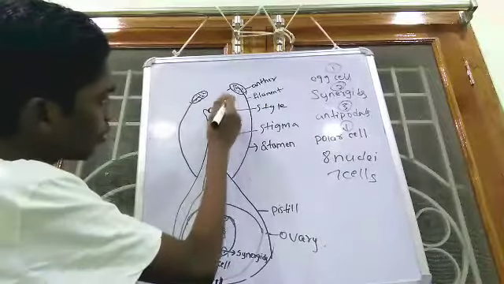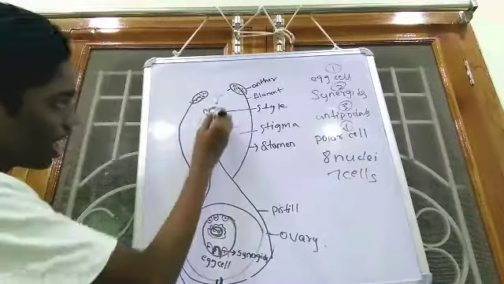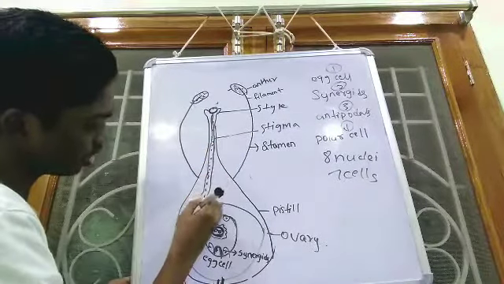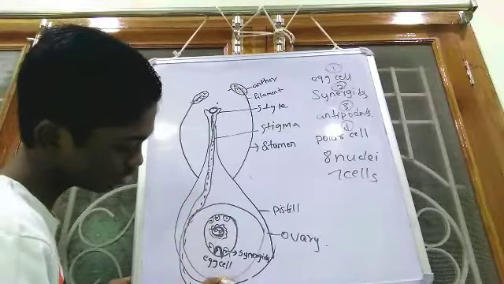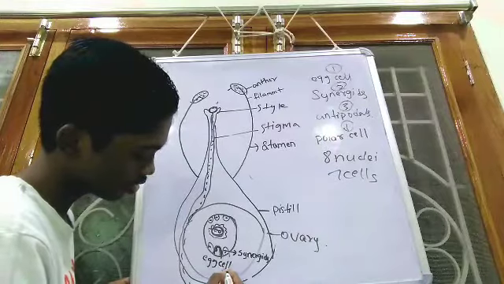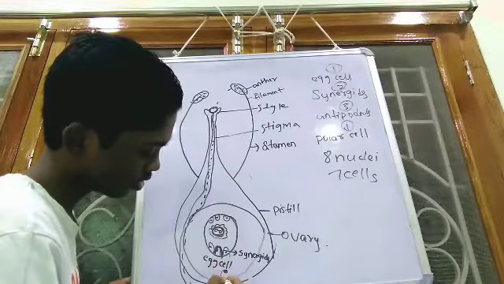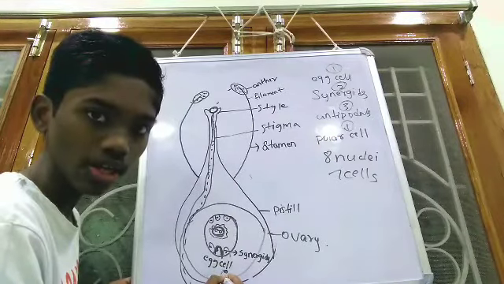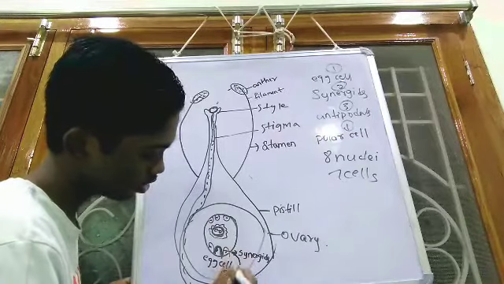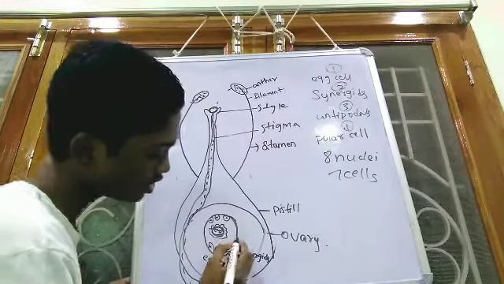Now coming to this topic, reproduction. Here I had said it will create a pollen tube, and the pollen grain travels in the pollen tube in this path and reaches the bottom of the ovary. From the bottom of the ovary, it will create a pollen tube connecting to the ovule and reach inside the ovule.